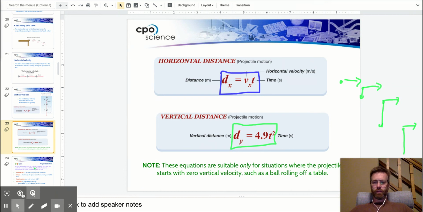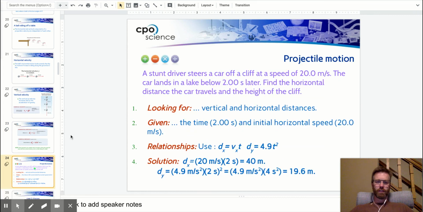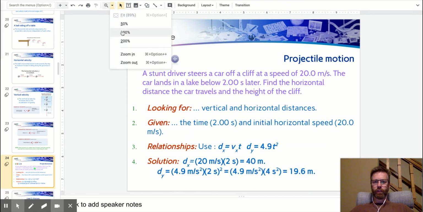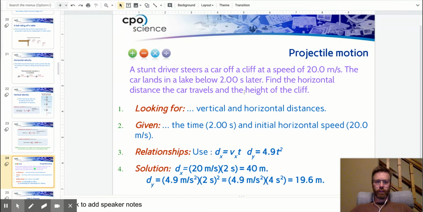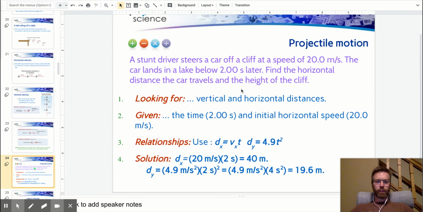The example I want to have you look at is right here. It looks a little bit wordy, so let's not get too worried about how many words there are here. But let's take a look. So we have a driver driving off a cliff at 20 meters per second. Okay, bad idea. The car lands in a lake below 2 seconds later.